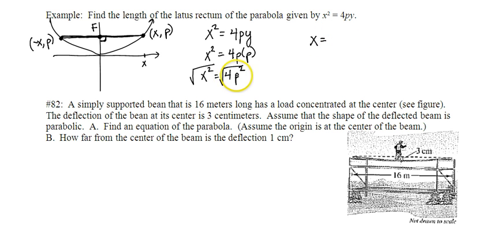And I'm multiplying, so by properties of radicals, I can just take it as 2p. Well, if my x value is equal to 2p, and I want the length of the latus rectum, I have a 2p here, and I have a 2p on that side as well. Therefore, the entire length is going to equal 4p.